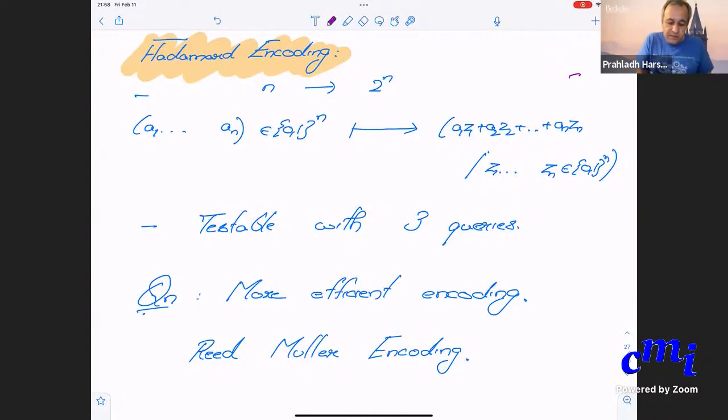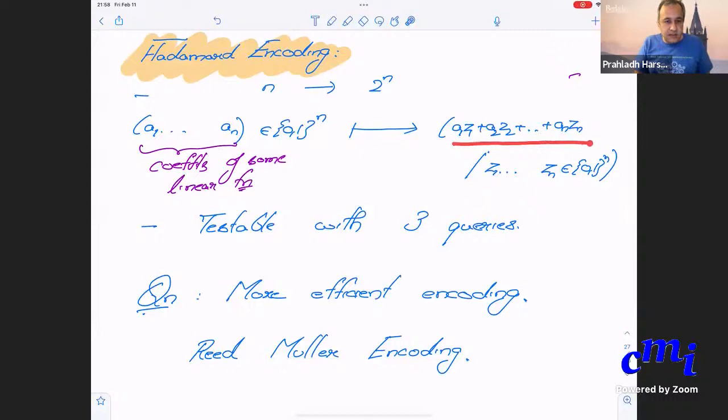You can think of this as the coefficients of some linear function, A1 Z1 plus A2 Z2 plus up to An Zn. That's the input, and this is the evaluation of the linear function on all inputs.